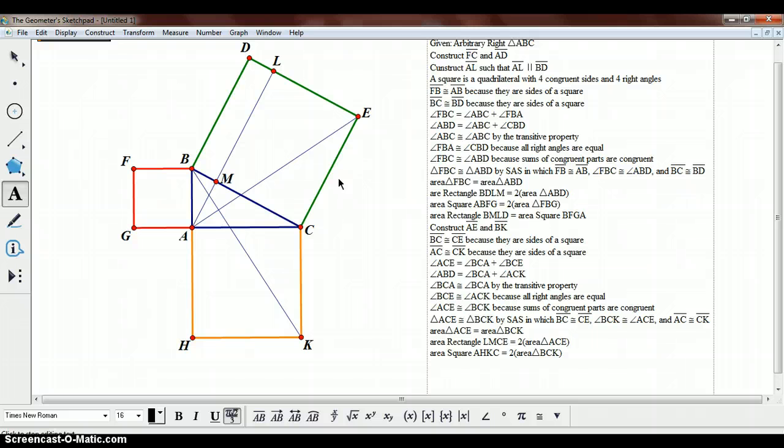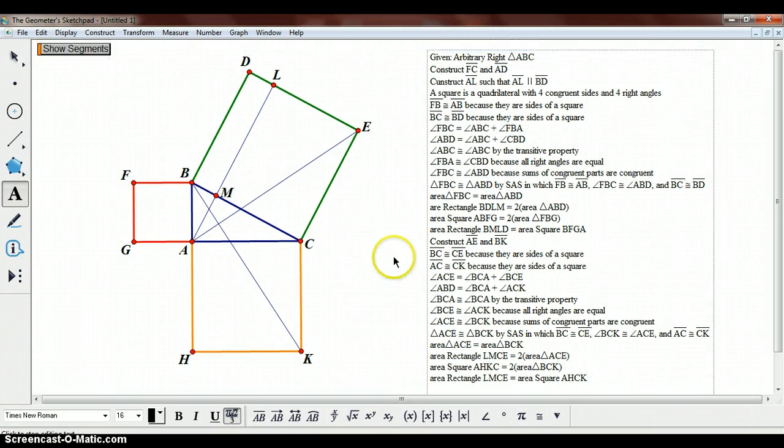Therefore, by the transitive property, the area of rectangle LMCE is equal to the area of square AHKC.